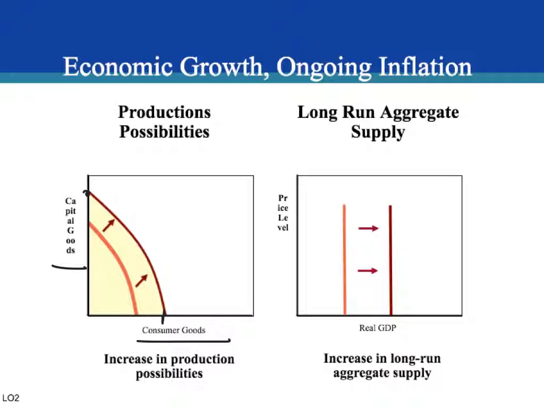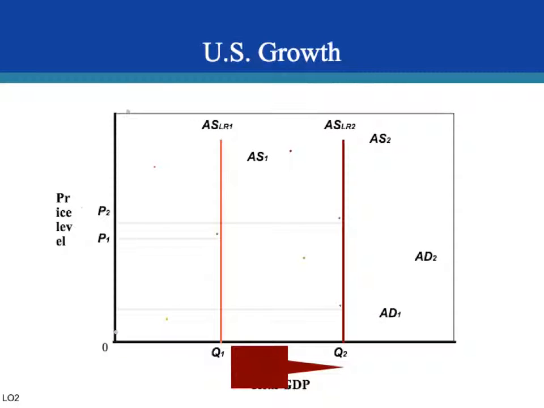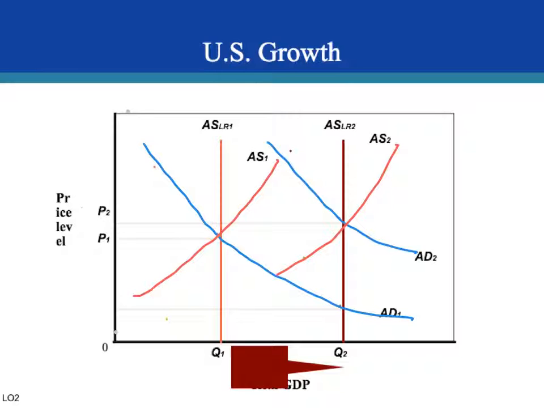So increases in technology, increases in productivity, increases in human capital, etc. Okay, so we can see here that the economy keeps growing in the long run, and so as aggregate demand and aggregate supply keep shifting rightward, we end up at a higher level of output and also a higher price level because there's been low but moderate amounts of inflation going on. Okay, so we were here in the past and we are here, for example, in the present. More output, higher price level.